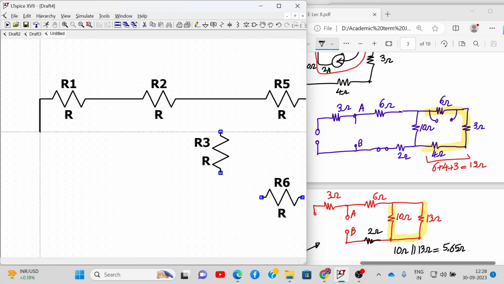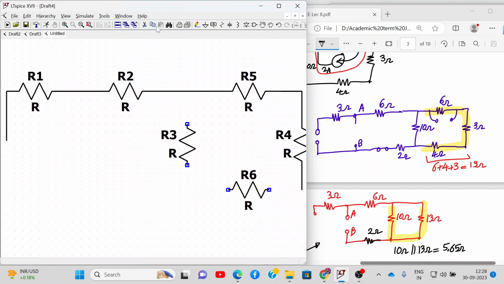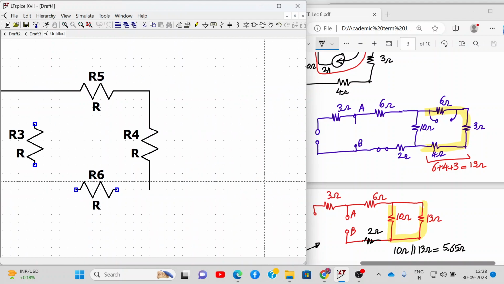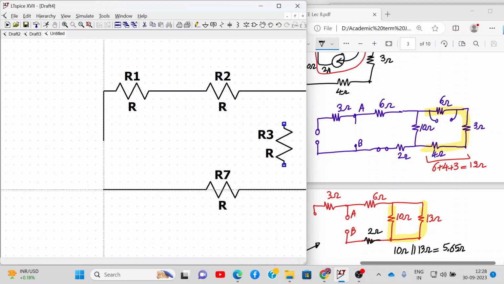These are all connected. This is open circuit. Okay, one more resistor is required. Let me copy it from here. Connect it over here. All right. So yeah, now the circuit will be complete mostly. Yeah, leave it open because it is open circuited.